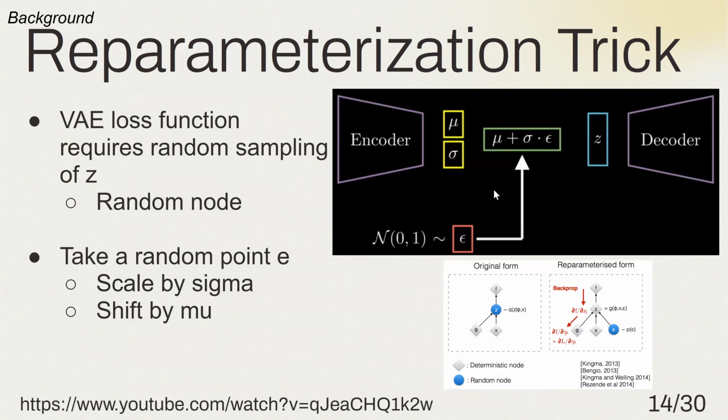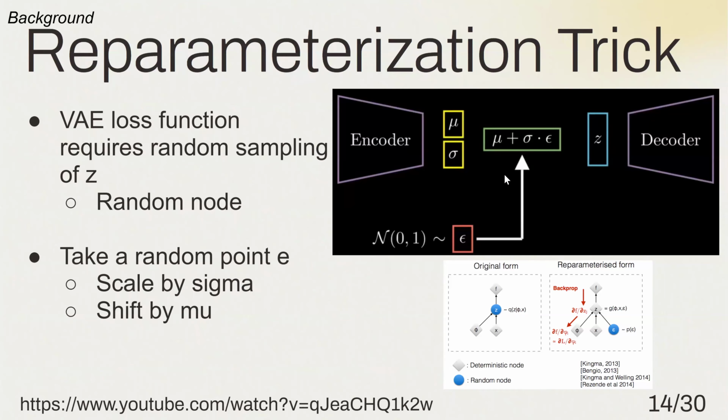One more thing to remember about these models is that people have to do this thing called a reparameterization trick, because at this step where we sample this vector z from the distribution that we're learning these parameters for, it introduces a random node into the computational graph. So it makes it so that backpropagation doesn't work.